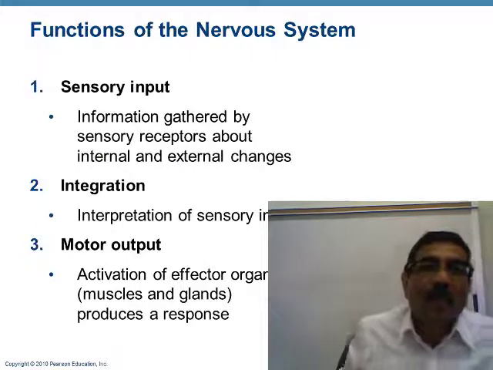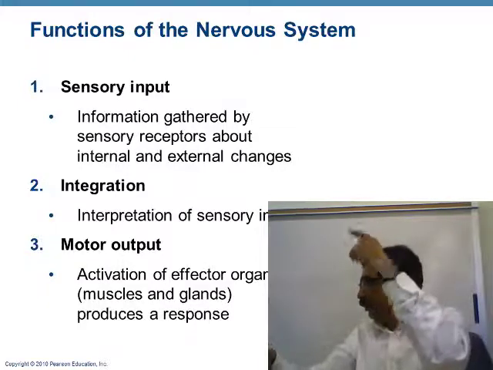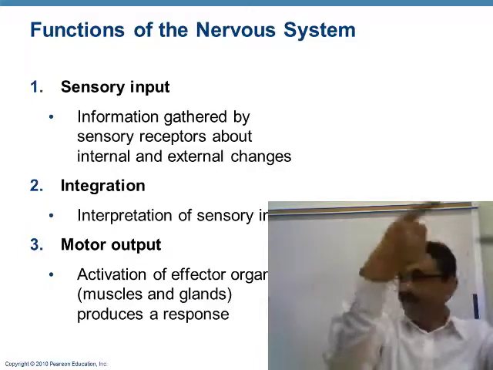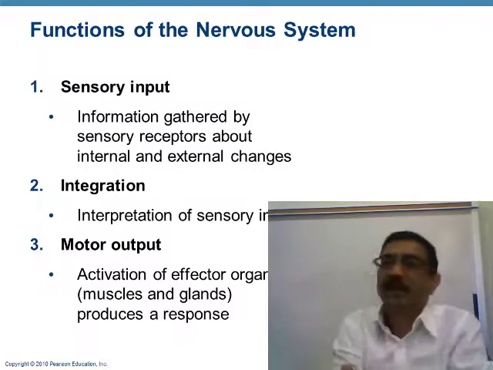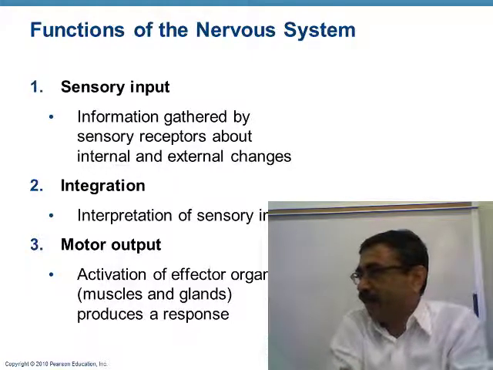So you see, both examples are showing you sensory input going from the receptors to the brain. The brain is interpreting, analyzing, right? And sending a motor command to the organ to perform the task or action.